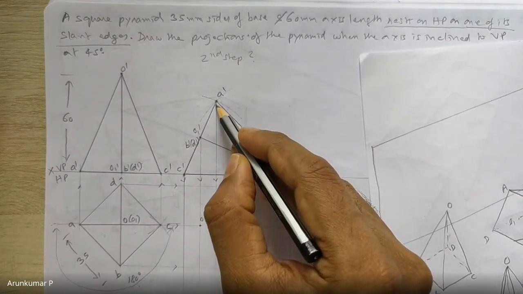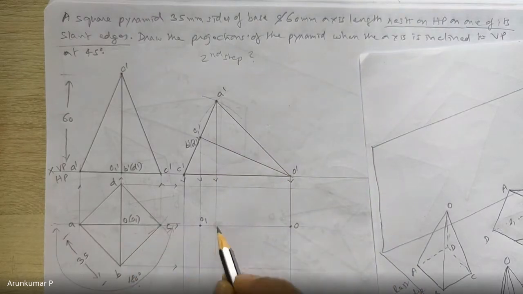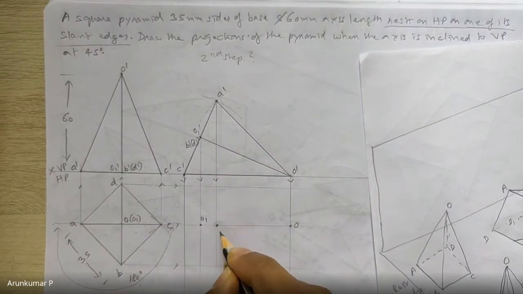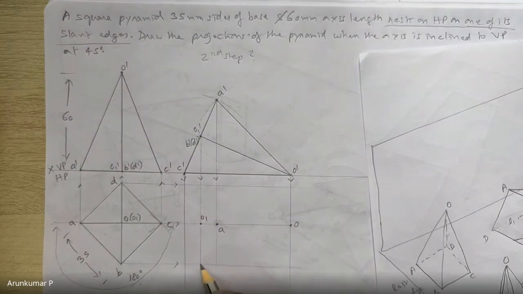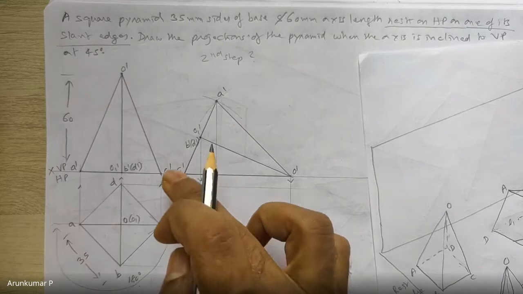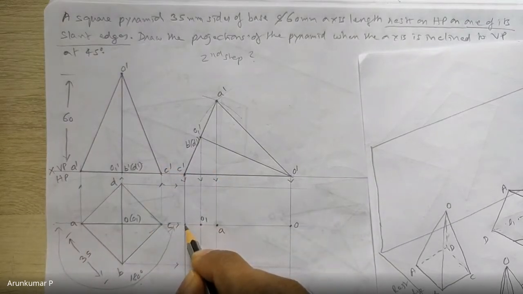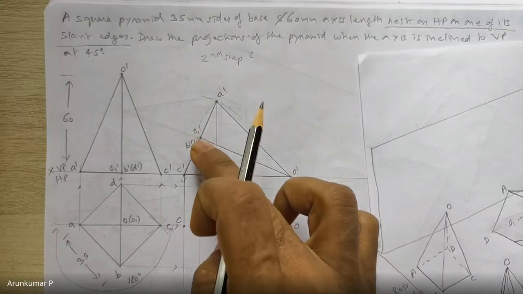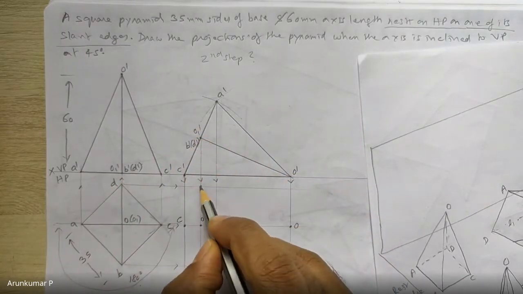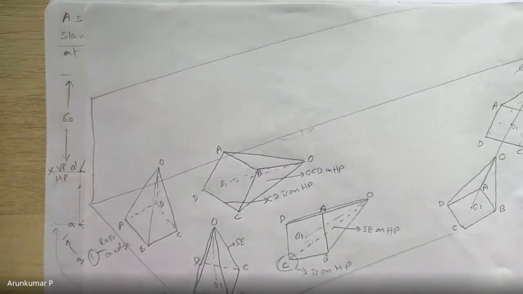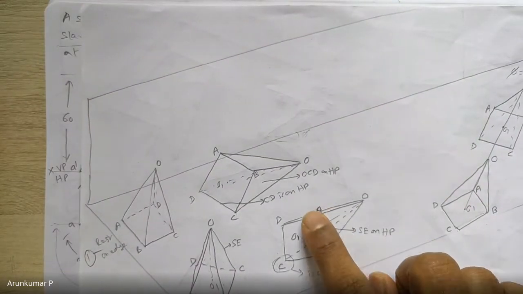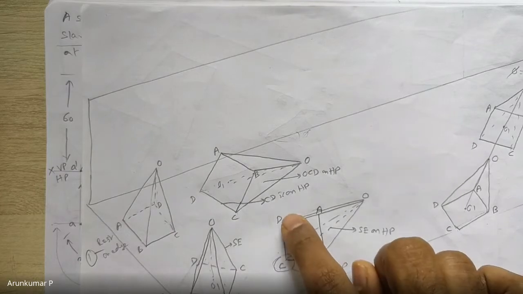You can start with A dash and A. So this point is A. B dash and B, this point is B. C dash and C, this point is C. D dash and D, the topmost point is D. So this is the top view. You can see here A on the right, C on the left, B down, D up.